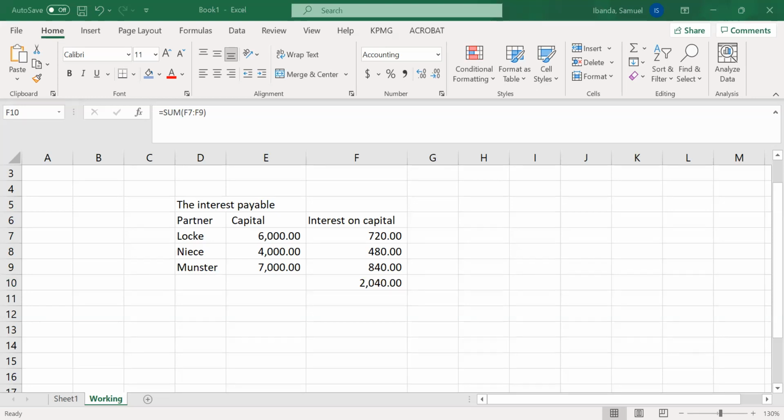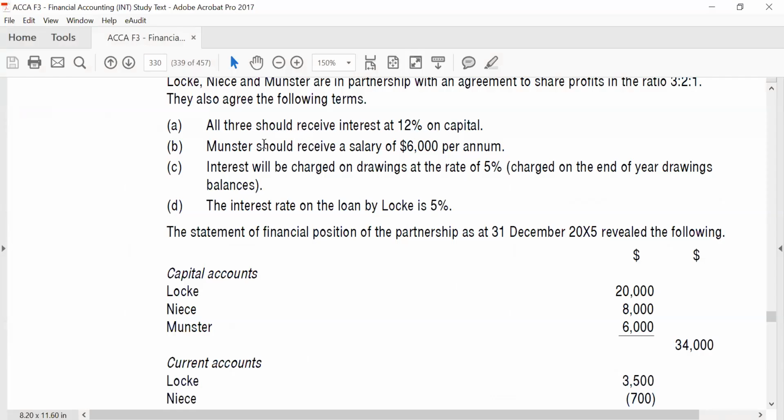Okay, so let's again try to look at what we have. We also have a case where Monster is receiving a salary. They told us that salary and interest on capital should be removed first, okay?